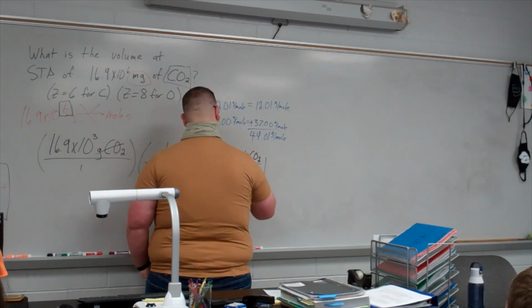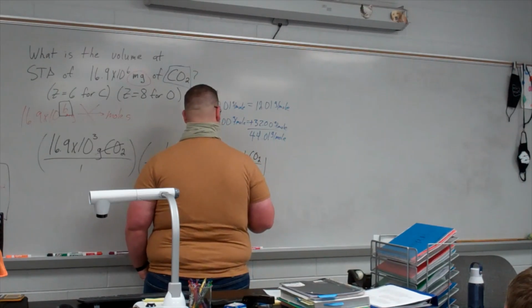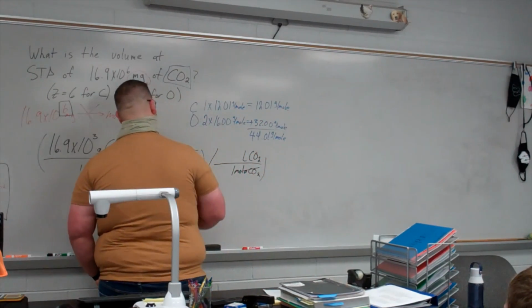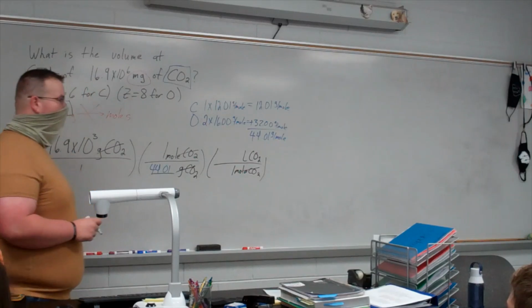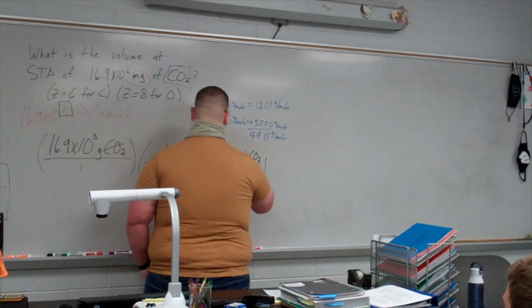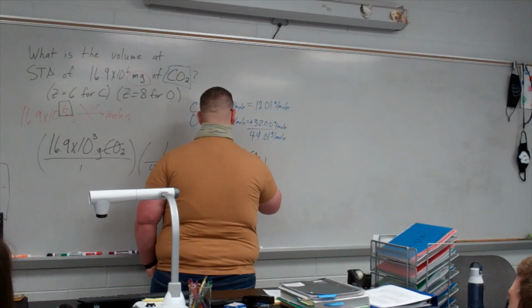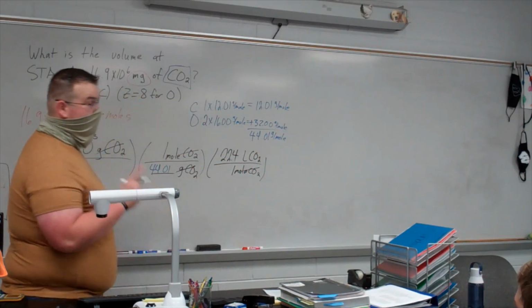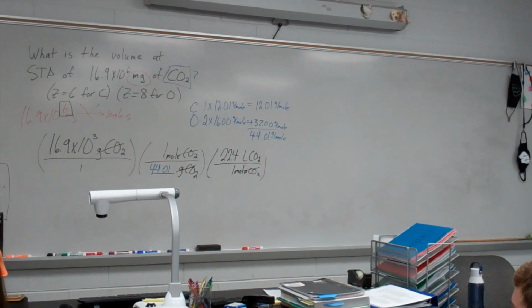And I need moles on the bottom. So a mole of carbon dioxide to cancel out my moles of carbon dioxide. What number goes with liters? 22.4. If it's not at STP, would it be different? If it's not at STP, you say cannot solve, not at STP.